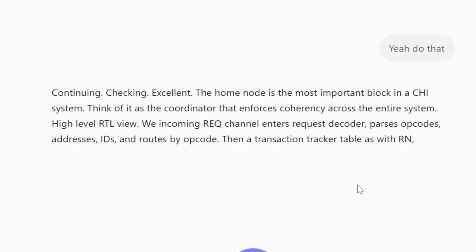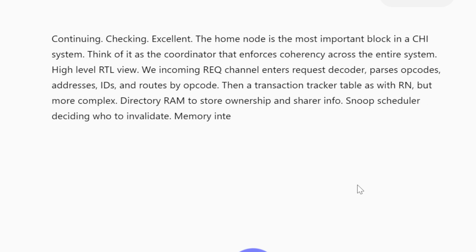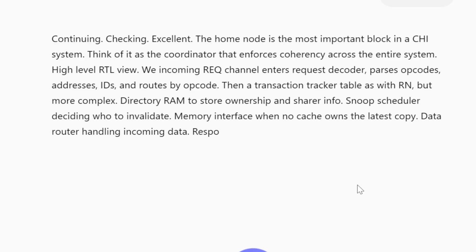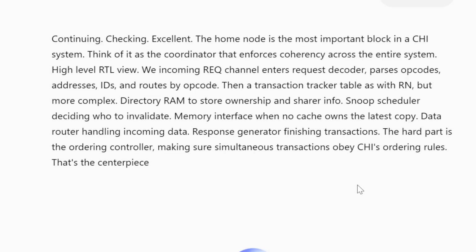Directory RAM to store ownership and sharer info. Snoop scheduler deciding who to invalidate. Memory interface when no cache owns the latest copy. Data router handling incoming data. Response generator finishing transactions. The hard part is the ordering controller, making sure simultaneous transactions obey CHI's ordering rules.